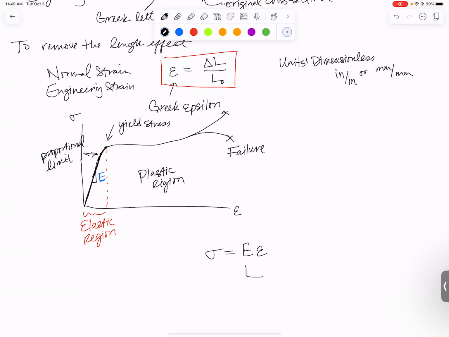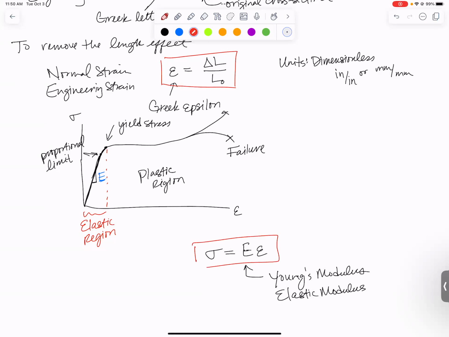What is E? E is given the name Young's modulus, also called the elastic modulus. Those are the two most common names. This equation right here that I'm going to put a box around is called Hooke's law.